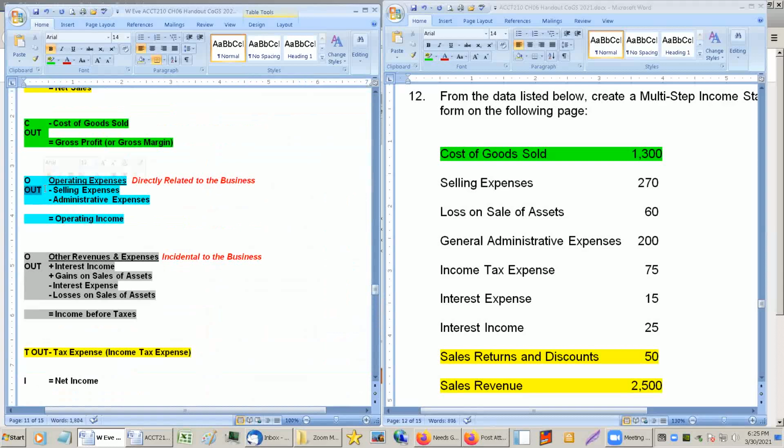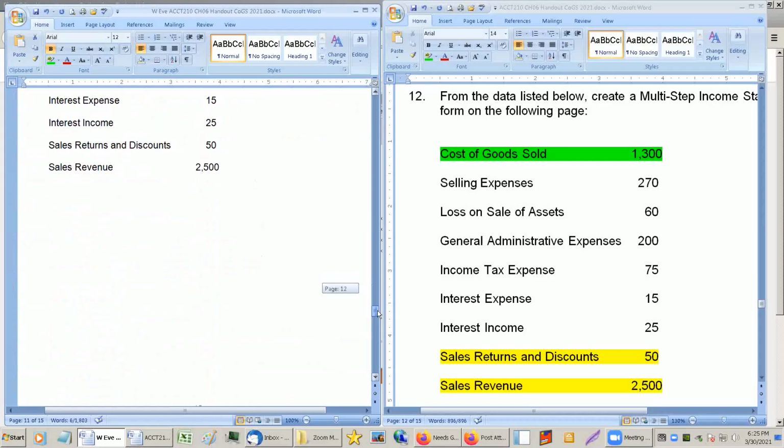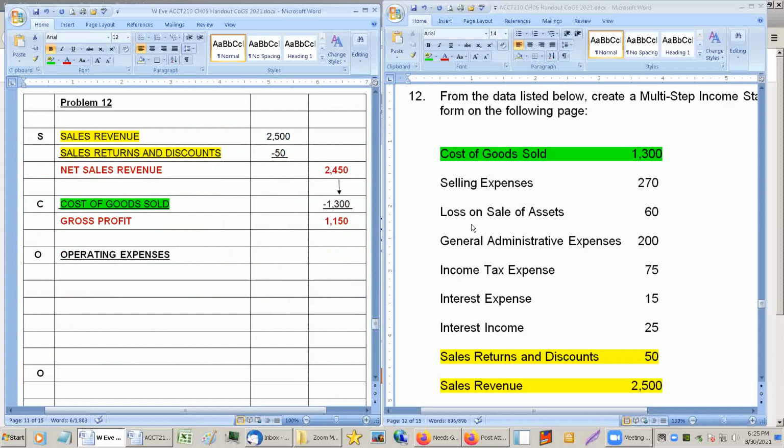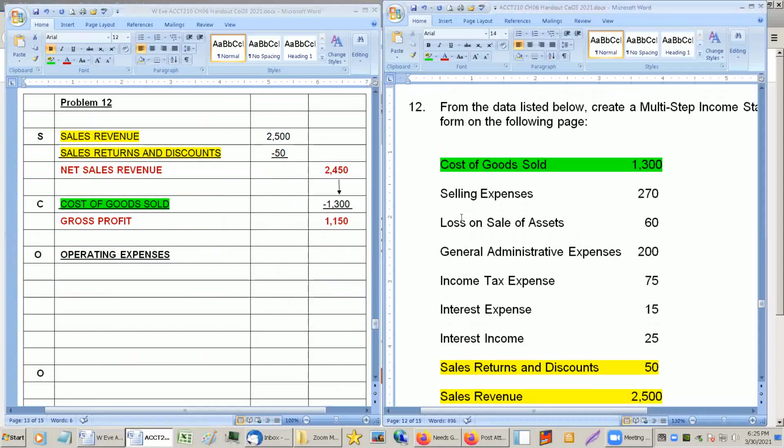Selling and administrative. So operating expenses are your selling and your administrative expenses. Okay, so coming down here, we have our selling. Let's make that blue. And administrative expenses.